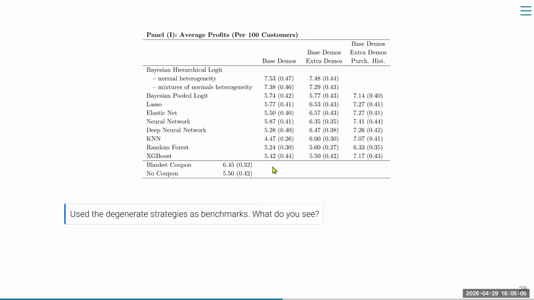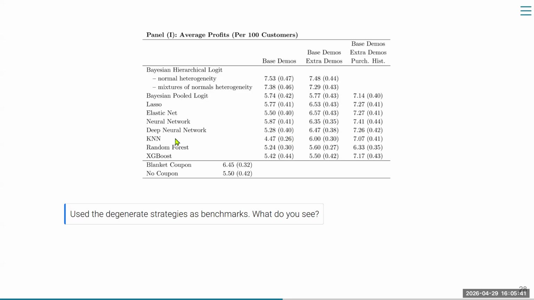Now, within the base demographic categories, I'm going to take this $6.45 as a baseline because a model should do better than something you can get without modeling at all. And none of our models, except for our heterogeneous logits, are beating that baseline when all we give them to train on is the base demographics. And some of the machine learning algorithms are doing particularly poorly.